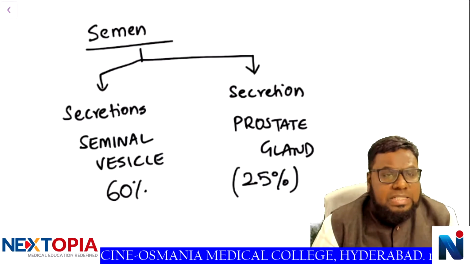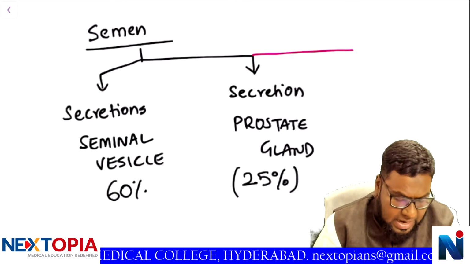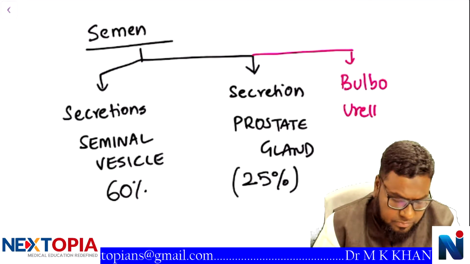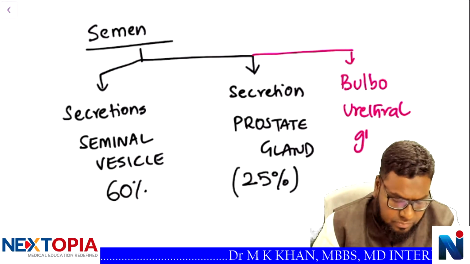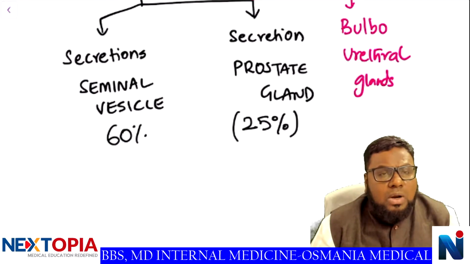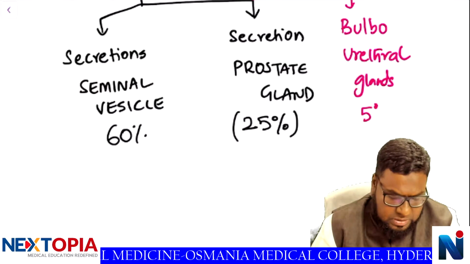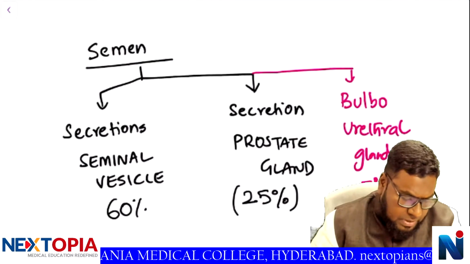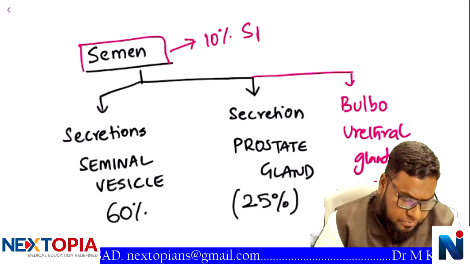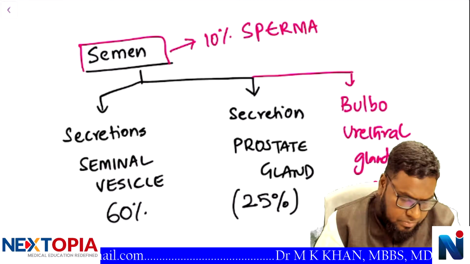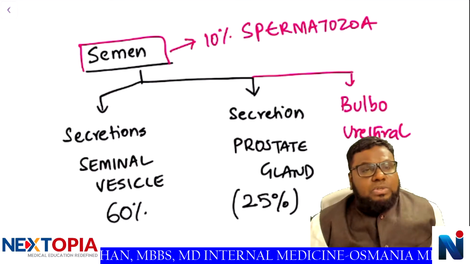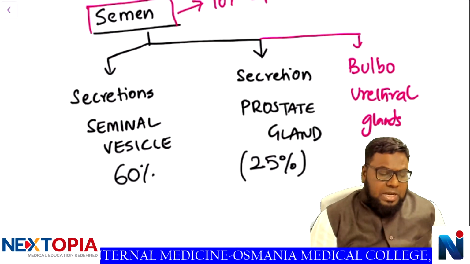Then the rest of the secretions are coming from the bulbourethral glands, which comprise around 5% of secretions, and the rest, 10% of the semen, is the spermatozoa. So this is the composition of the semen.